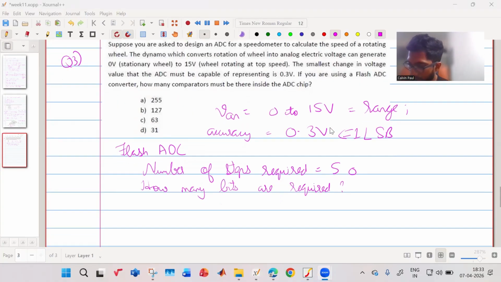So if you need 6 bits, how do you get it? You do log the base 2 of 50. That will come out to be how much? I don't have my calculator. Can you tell me, or let me use MATLAB?